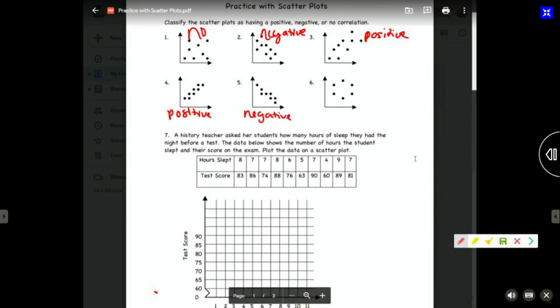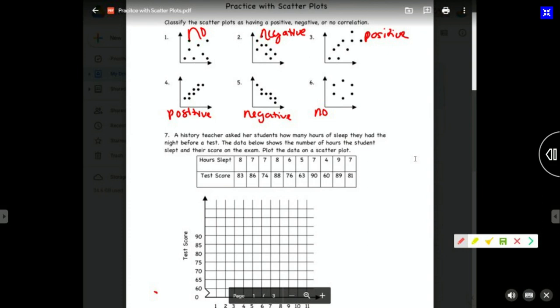All right, here's where we can run into some trouble. No correlation means that there's no pattern. They're just everywhere, right? Is there a pattern on this one? It is a circle, isn't it? So what do we call it? Non-linear.